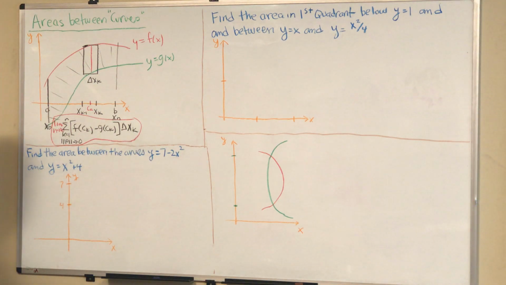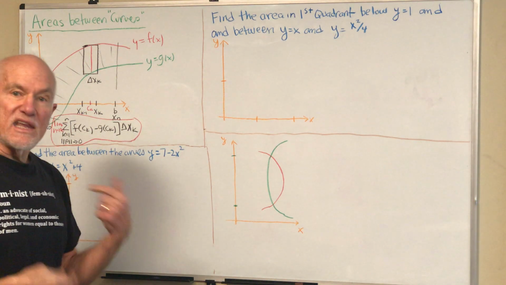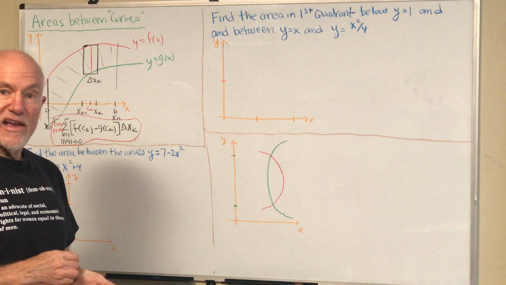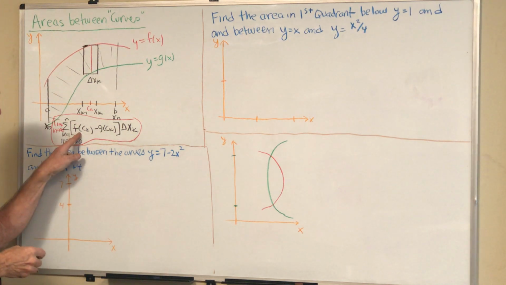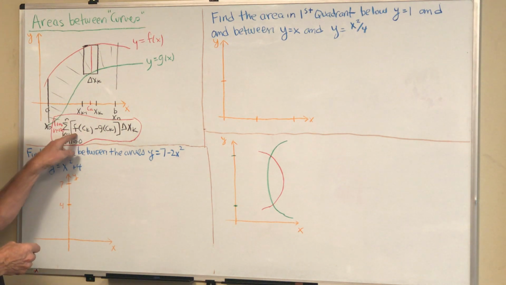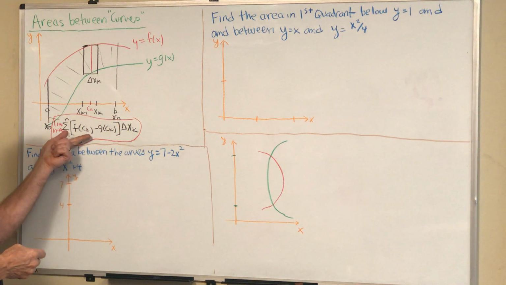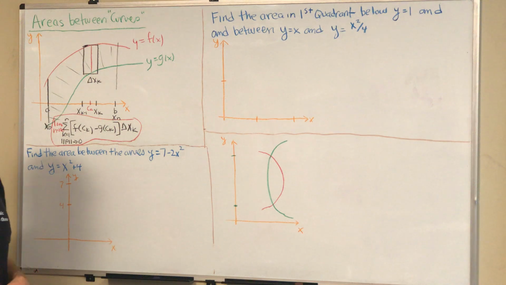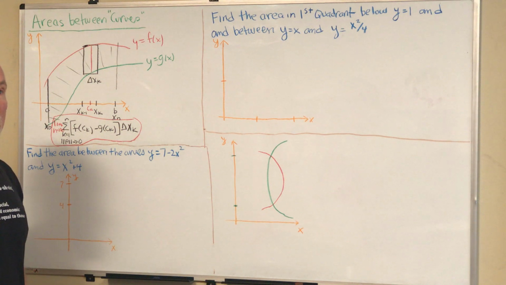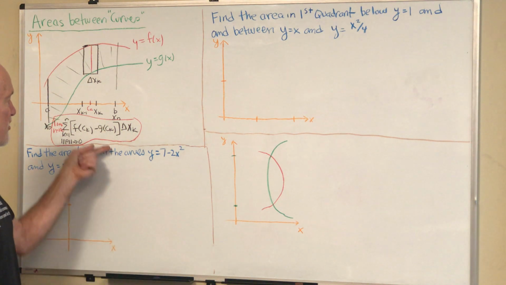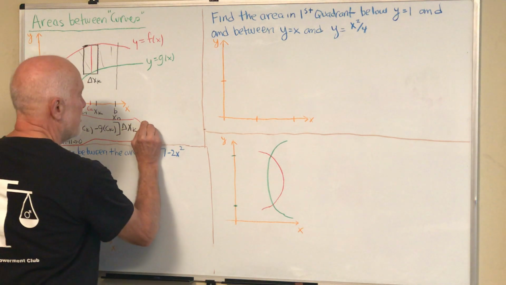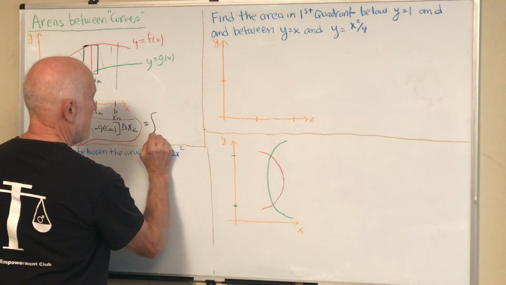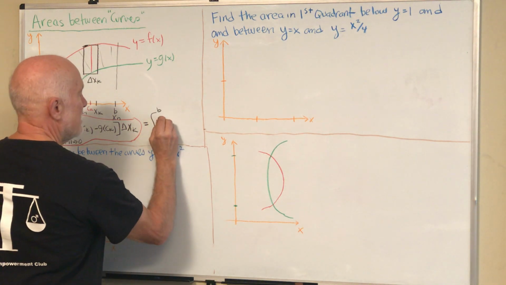Well, the nice thing about it is that's exactly what an infinite Riemann sum looks like. The only difference is, before we just had f of c sub k there, now we have a different function: we have f of x minus g of x that we plugged c sub k into. That's just another function, so this is really just a definite integral from a to b.